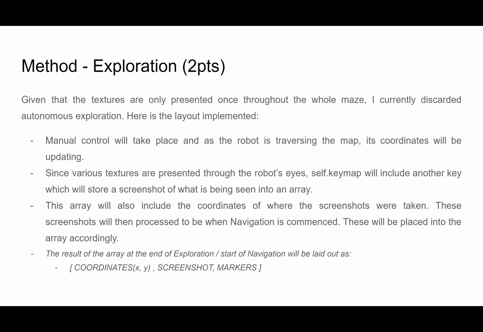And the array you can see at the bottom is going to store where I took the screenshot itself, and at the end of the exploration phase, the start of the navigation phase, it is going to list out all the markers, so all the texture packs that were recognized in that photo.